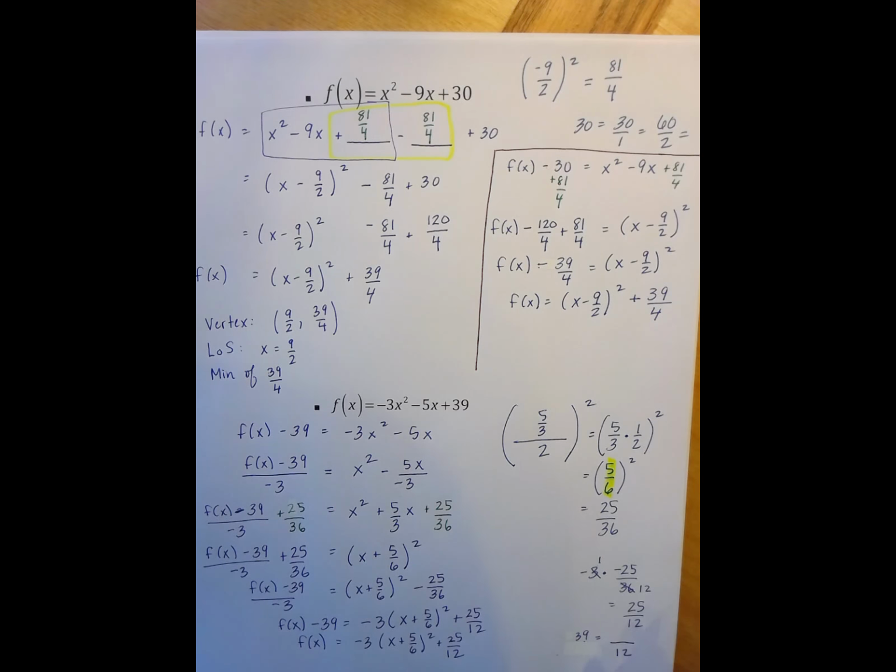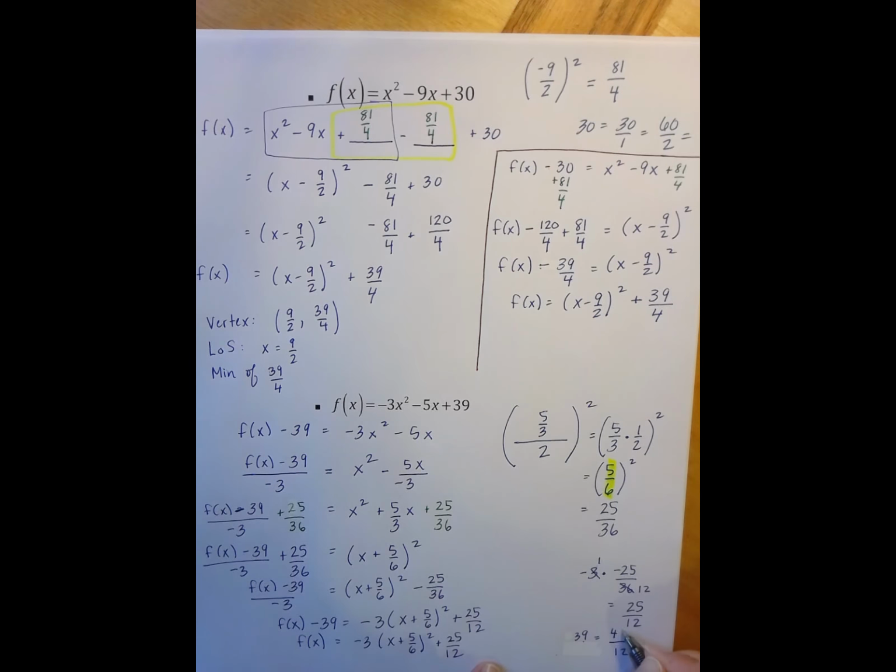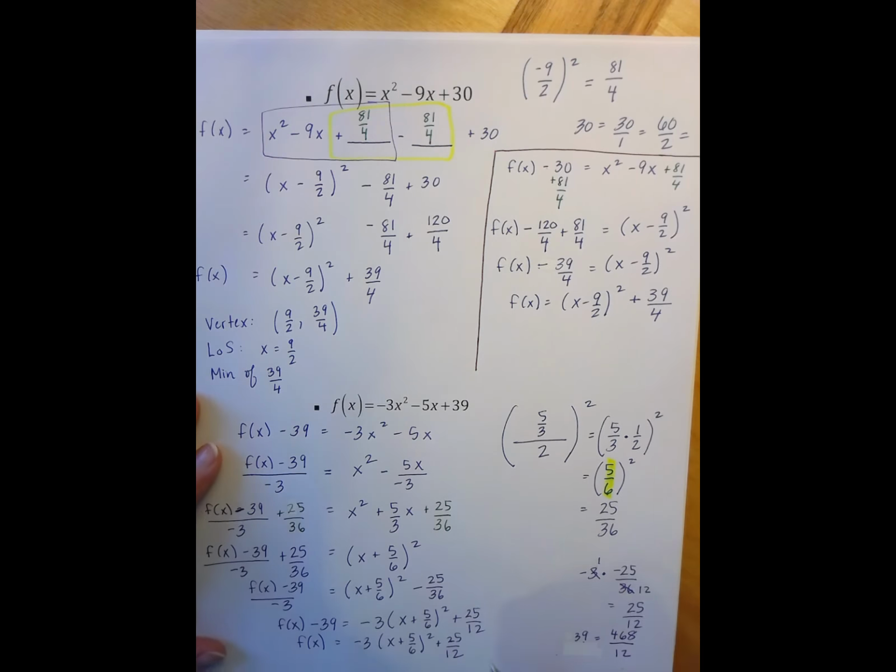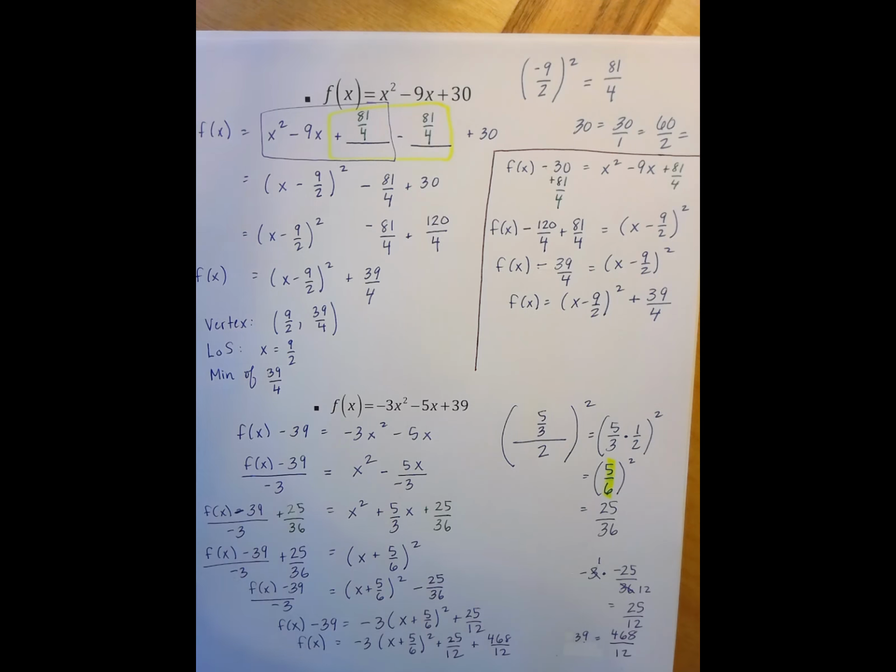When I multiply 39 by 12, I end up with 468. So I'm really adding 468 divided by 12. So 468 divided by 12 plus 25 divided by 12.